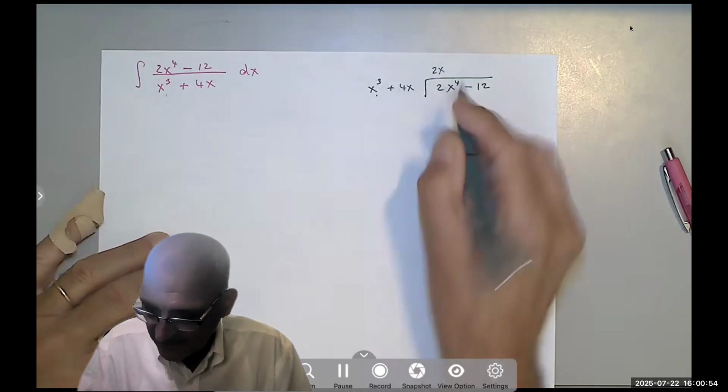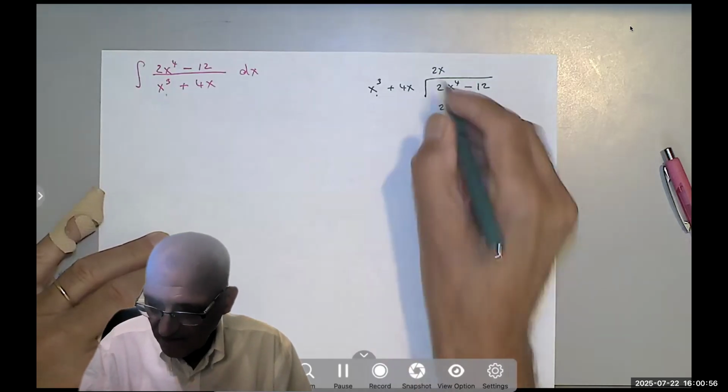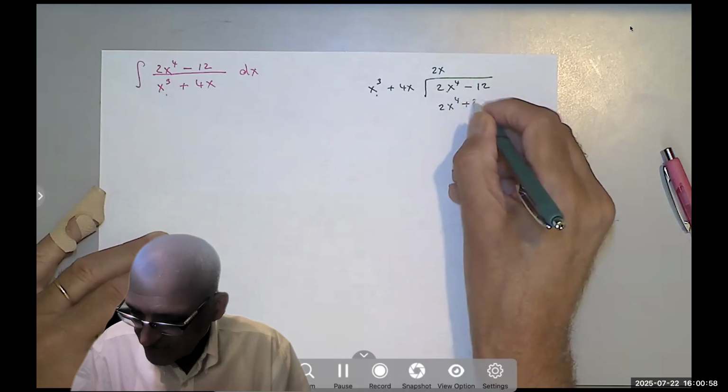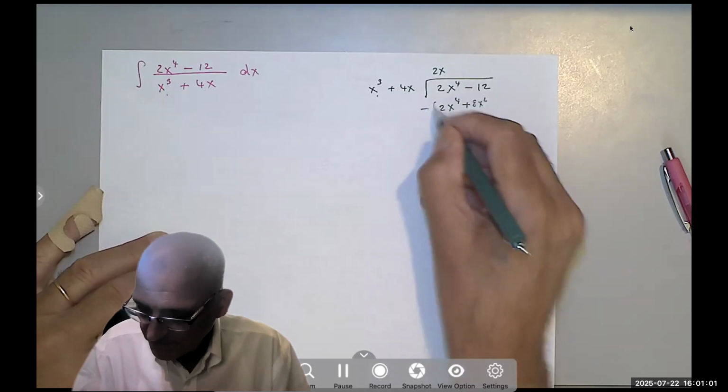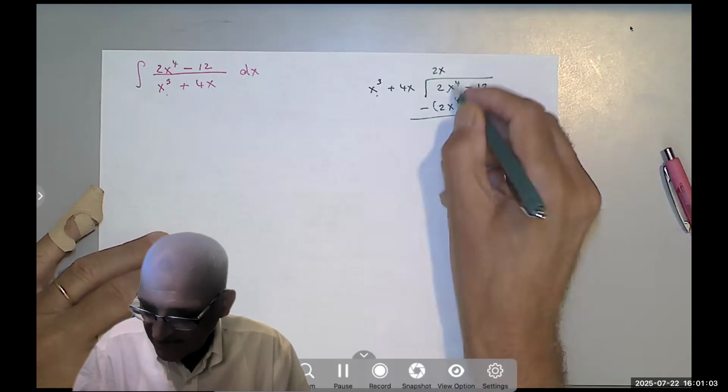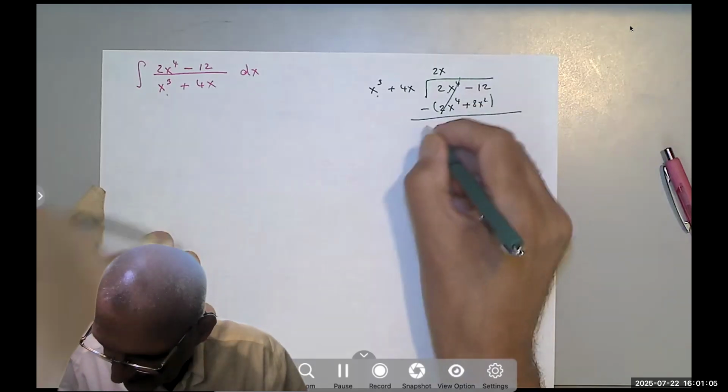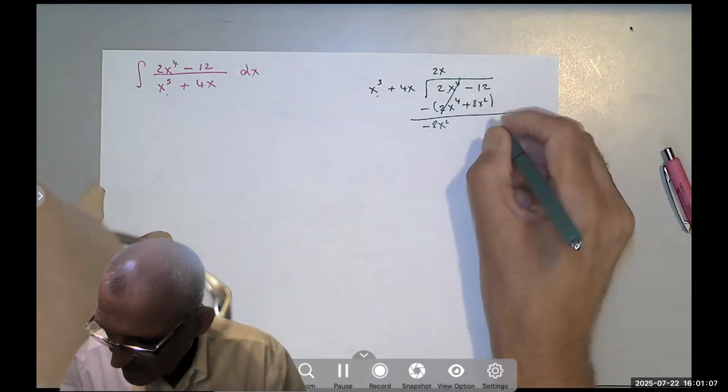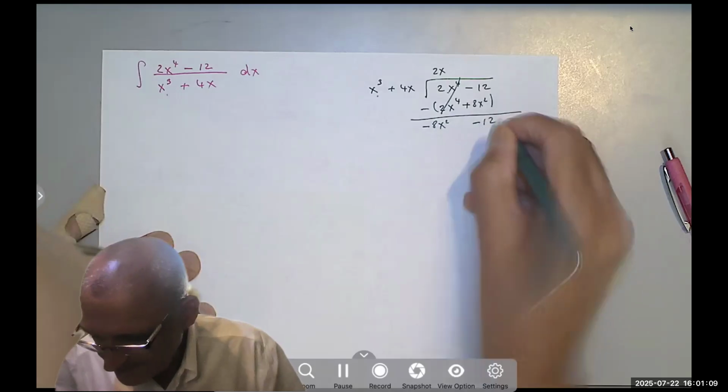And then I multiply, I get 2x to the 4 plus 8x squared. Subtract. These cancel, of course, and I get negative 8x squared minus 12.